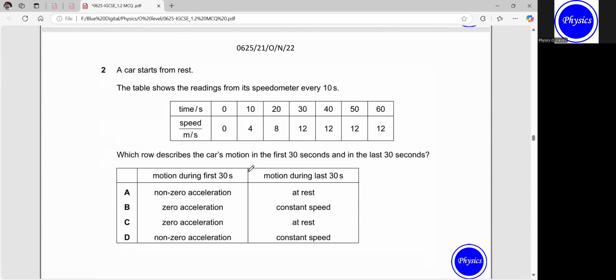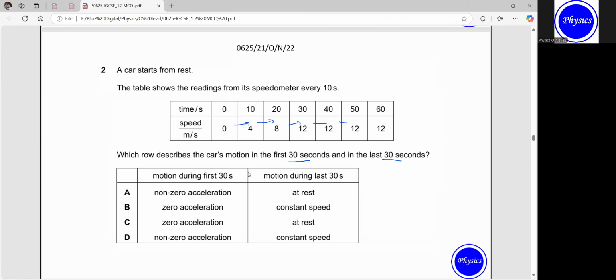Okay, the next one. A car starts from rest. The table shows the readings from its speedometer every 10 seconds. Which option describes the car's motion in the first 30 seconds and in the last 30 seconds? So how is it moving in the first 30 seconds? Speed is increasing. In the last part it is 12, 12, 12, maintaining constant.